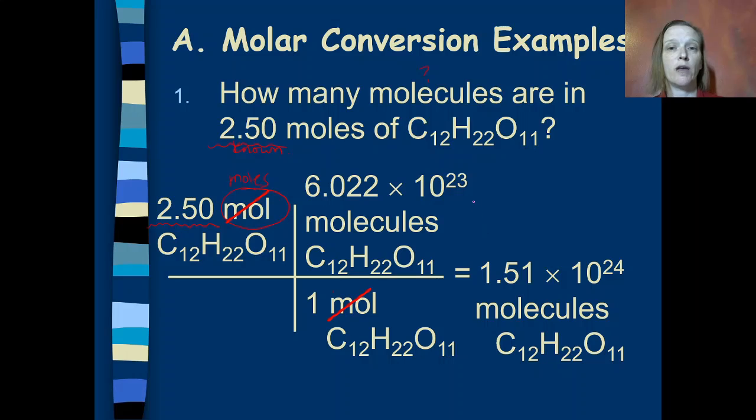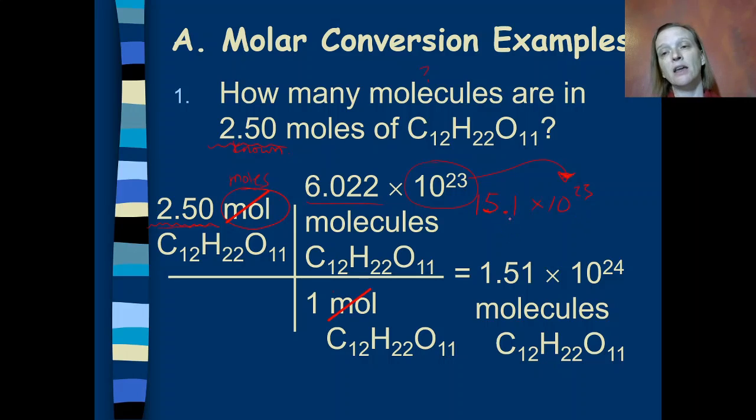And when you do that, you will get 15.1 times 10 to the 23rd. So I'm just multiplying the coefficients together, and then I'm keeping this as its own part of the multiplication problem.